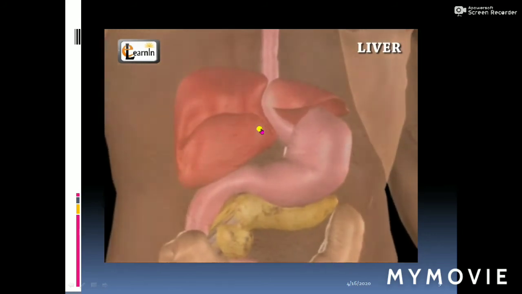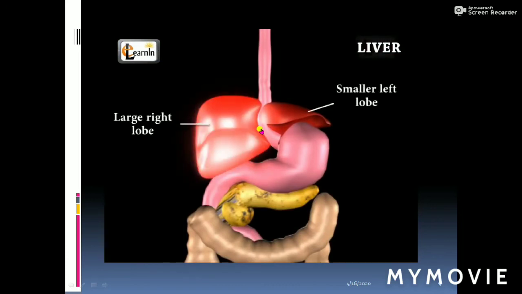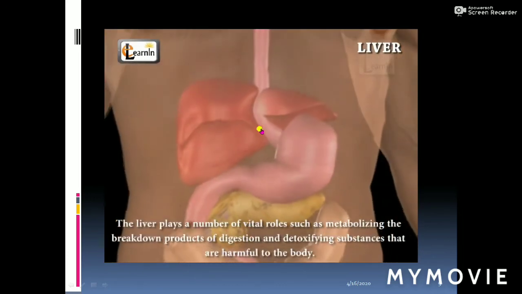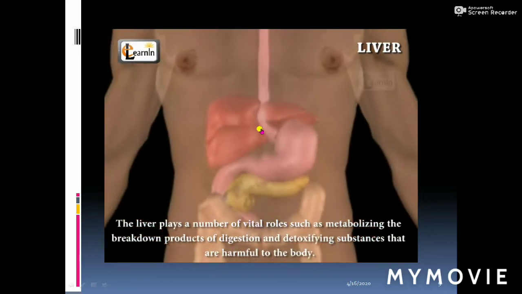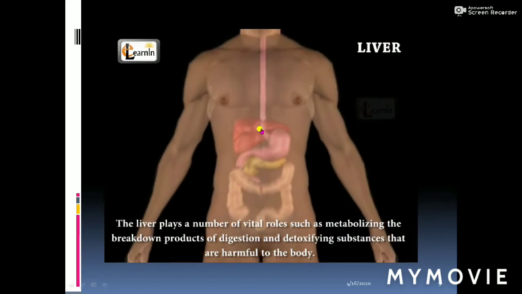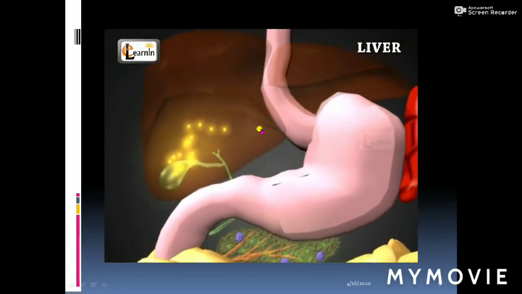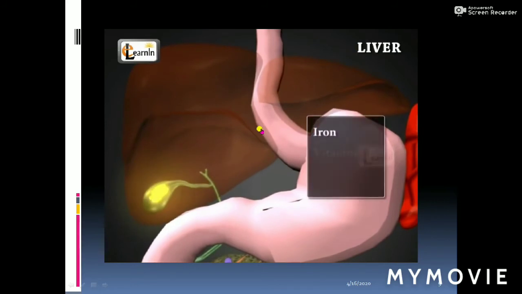The liver occupies much of the upper right quadrant of the abdomen, to the right of the stomach and immediately below the diaphragm. The liver is divided into two unequal lobes, a large right lobe and a smaller left lobe. The liver plays a number of vital roles, such as metabolizing the breakdown products of digestion and detoxifying substances that are harmful to the body.